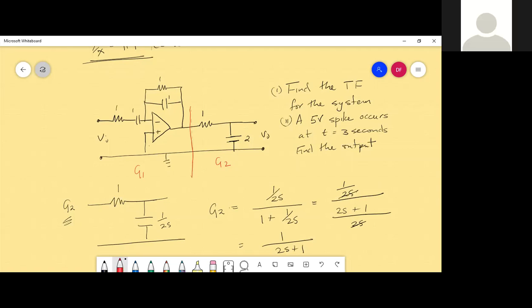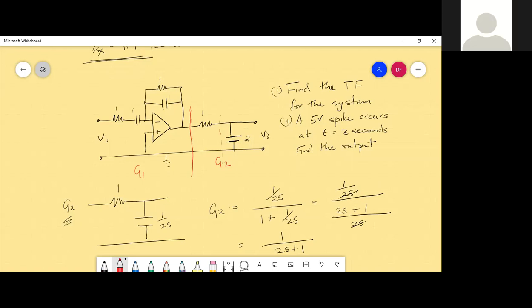Sir, one question. Is it commutative, right? Meaning if we divide the circuit, how you divide the circuit into G1 and G2 at that point. For example, if I had divided it right before the capacitor going into the inverting input.